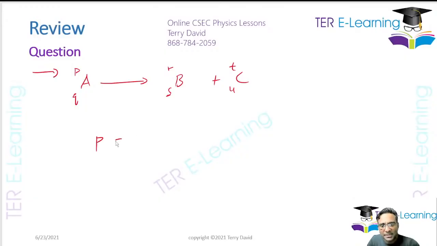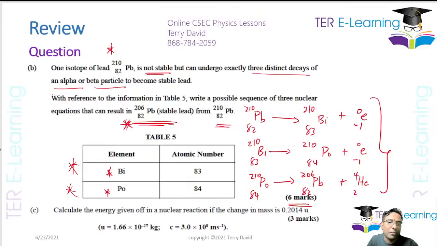P on the left hand side must equal R plus T on the right hand side. This must hold true, right? At the bottom, when we're looking at the atomic numbers, Q on the left hand side must equal S plus U, right? So this is the key thing that you all need to remember when you are writing nuclear reactions, right? Now what I did here in this question, I know I'm moving a little fast, right?